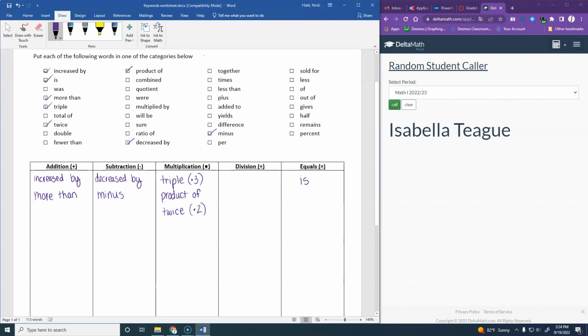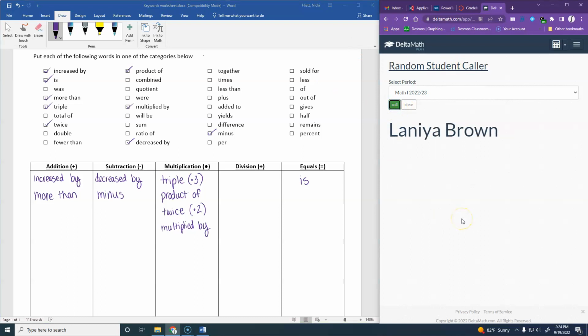Multiplied by, or let's see. Do I have multiply on there, or is it multiplied by? Multiplied by. Okay. All right, we got that one. All right, Lanaya? Very good. Total of.